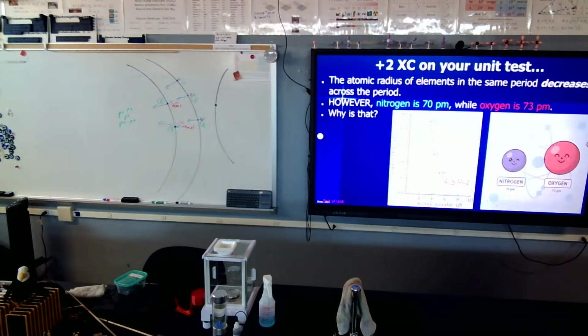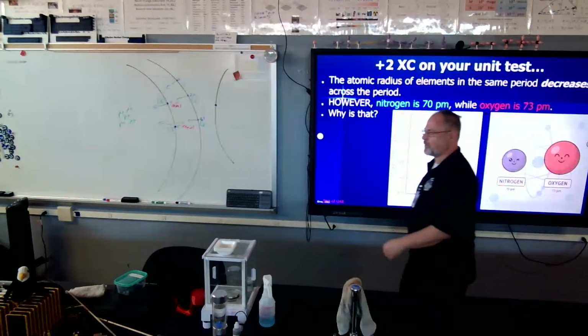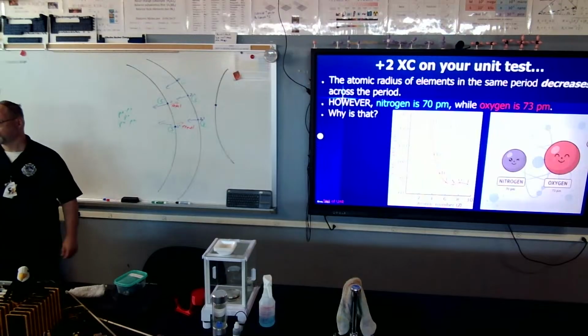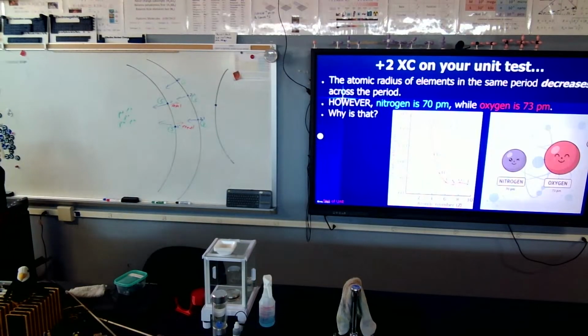Oxygen's bigger. It is, but why? That's the whole why. If you can explain to me on your test why oxygen is slightly larger than nitrogen, you get 2 points on your unit test. I'm going to allow you to research it and then tell me on Friday.